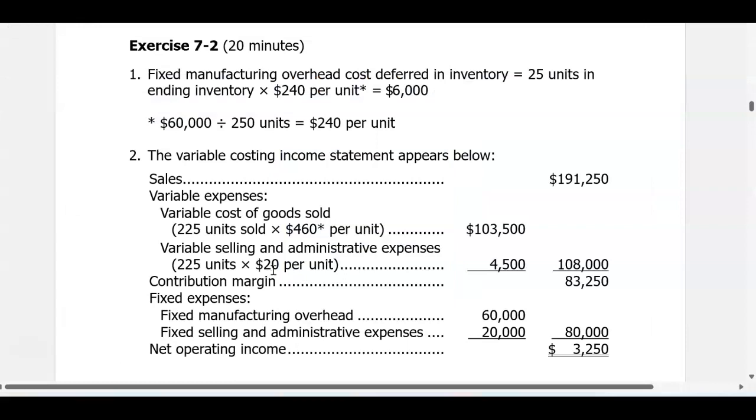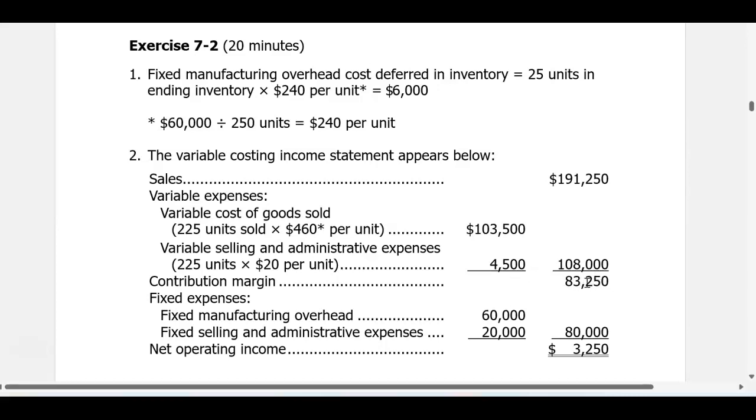Okay, so that gives us the two variables that we need to calculate: variable cost of goods sold and variable selling administrative. So all variables will be added to become 108,000, minus sales gives us contribution margin under variable costing, contribution margin of 83,250.